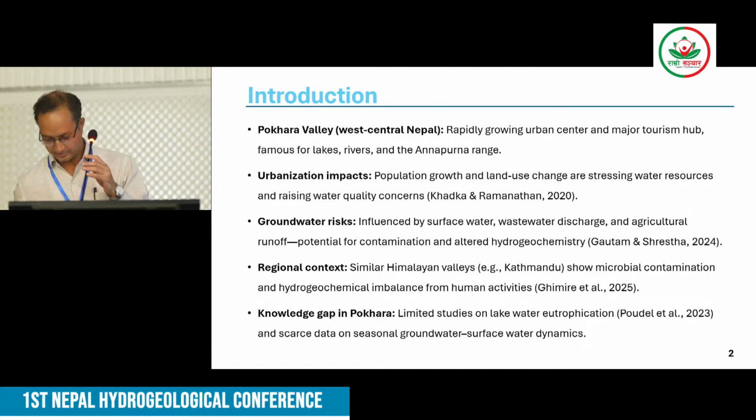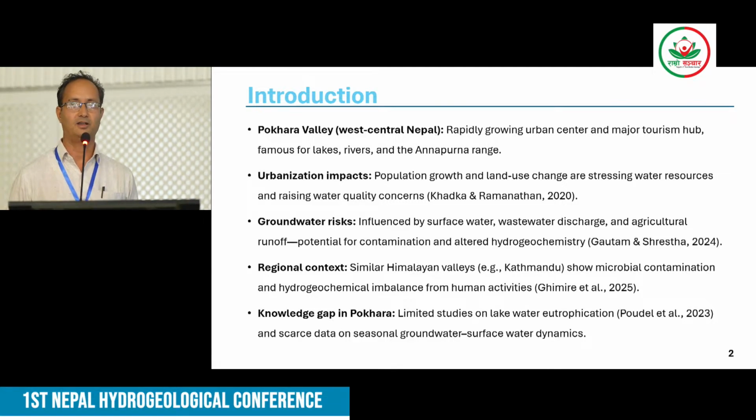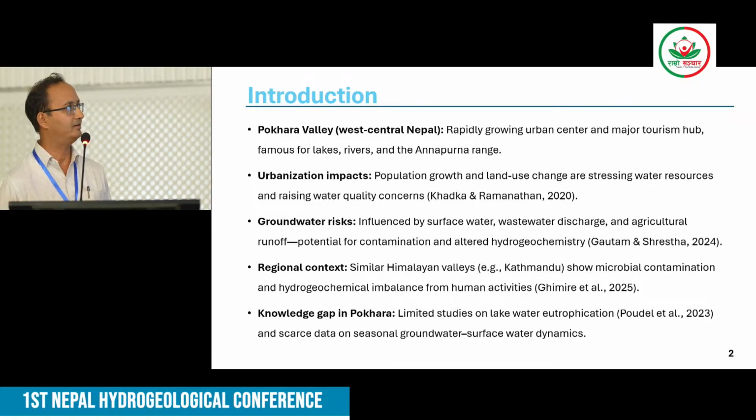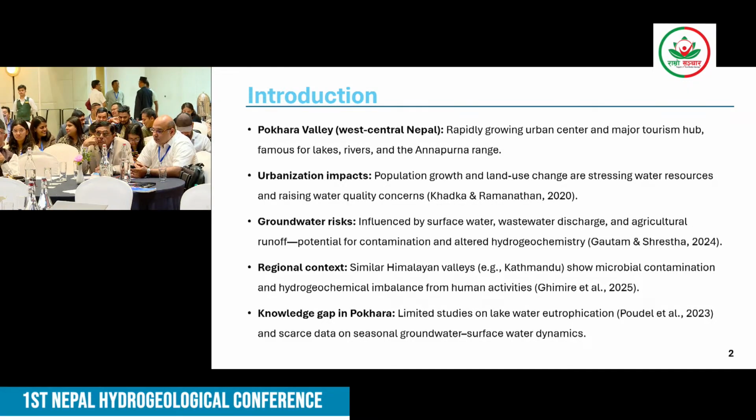So we know that we're aware of Pokhara, and it's very popular both nationally and internationally. It's a hub for tourists. It's a valley, and there are 9 clusters of lakes also, and many rivers flowing through the valley.